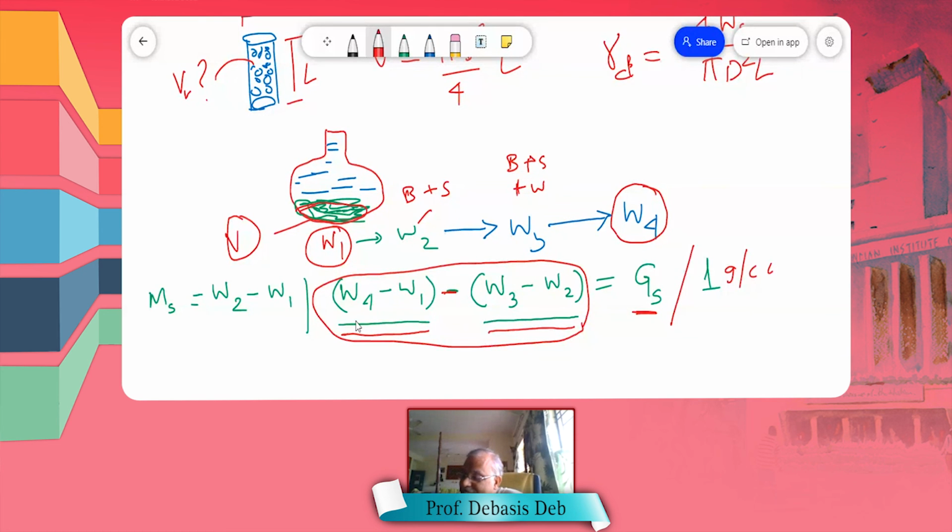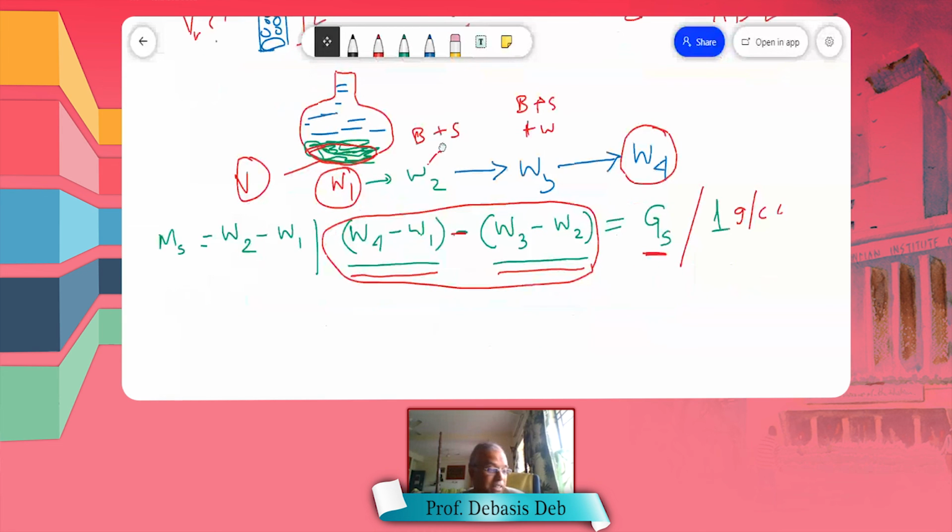So this gives me the volume of the solid particles, the total volume. I will ask you what principle it is following. You know that principle.